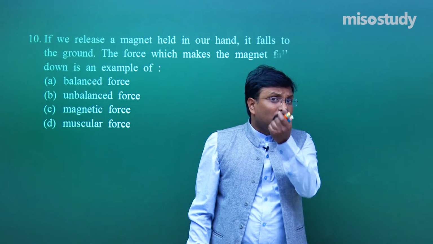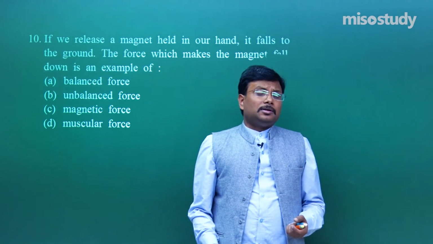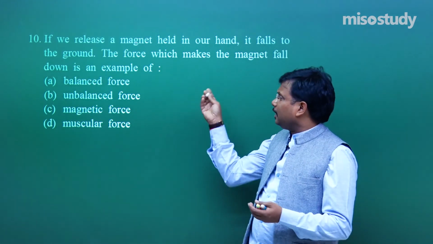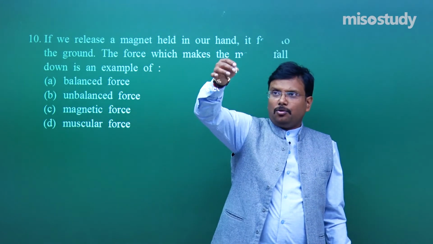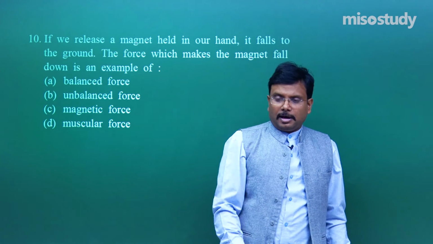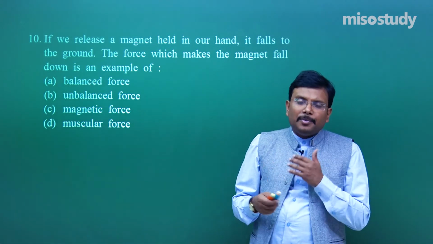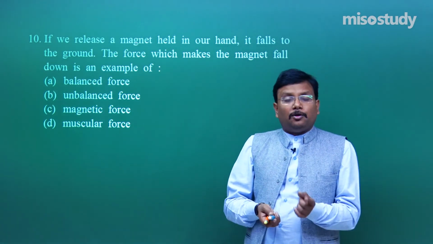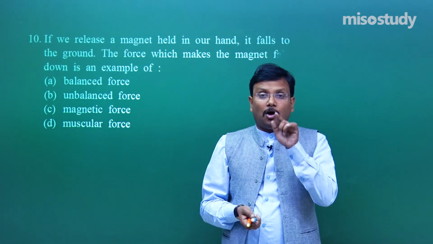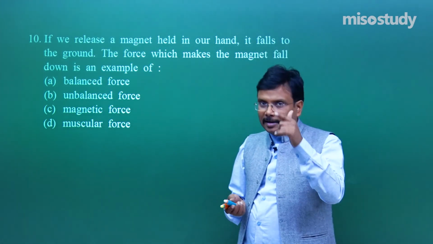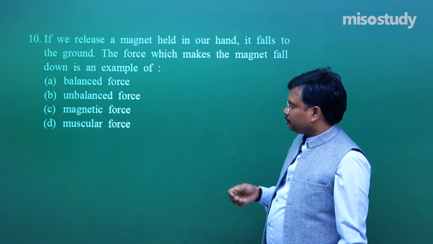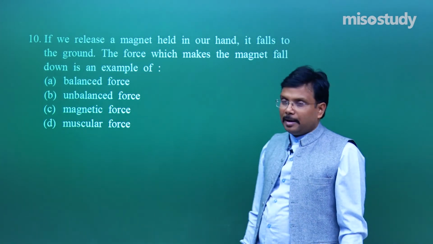Because gravitational pull is acting. Is anyone opposing the gravitational pull? Ideally, in this room there is no air. So this is the mechanism, and it means that one force is acting, which is why the object is moving in a specific direction. So, you should say unbalanced force.